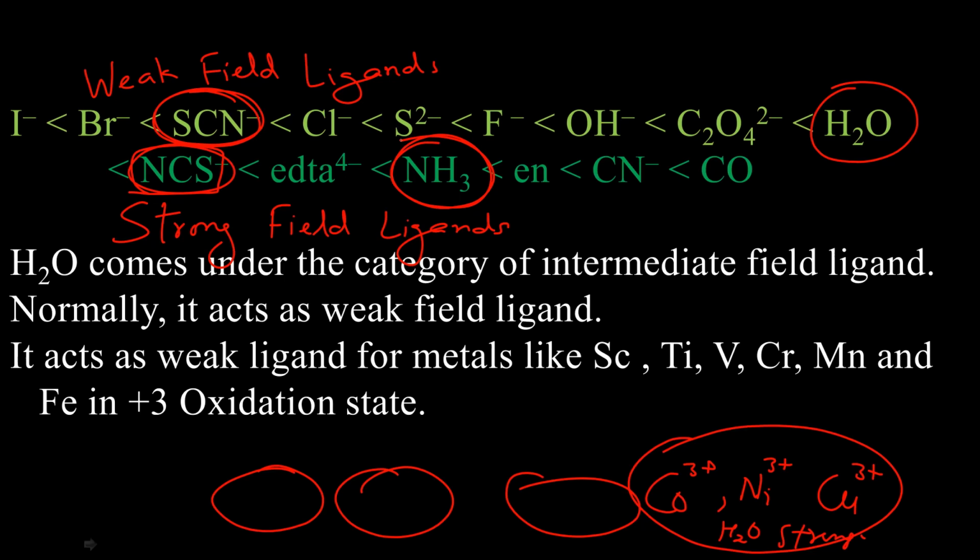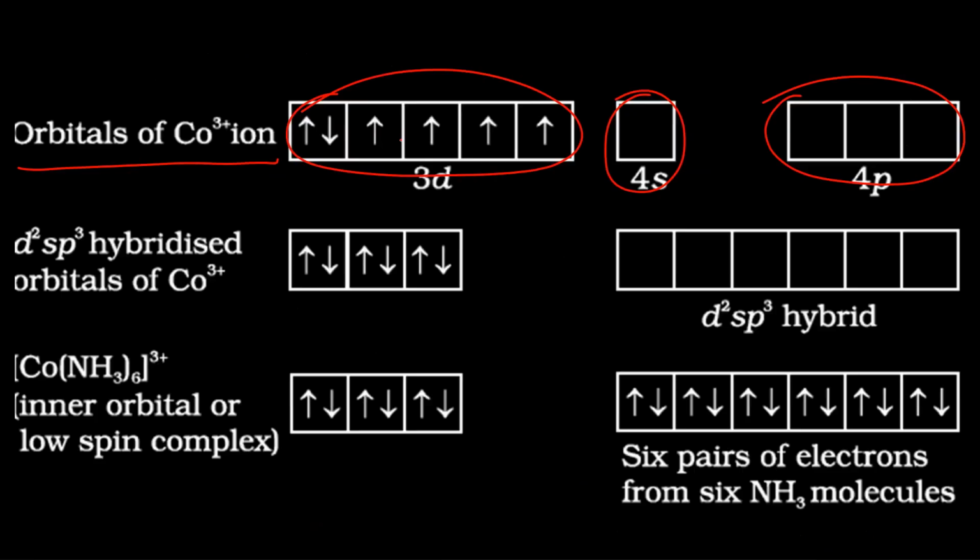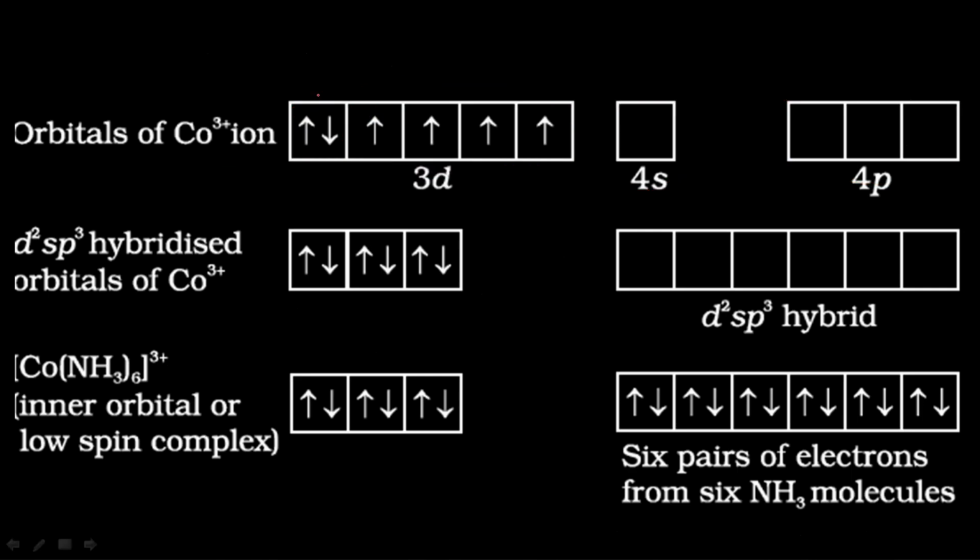If it is a strong field ligand, then pairing will take place, which means whatever electrons are there will get paired. These four are unpaired, so they will get paired. This was anyway paired there. This electron will move here, pairing. This will move here, another pairing. Now these two are empty. Clear? These two are empty.